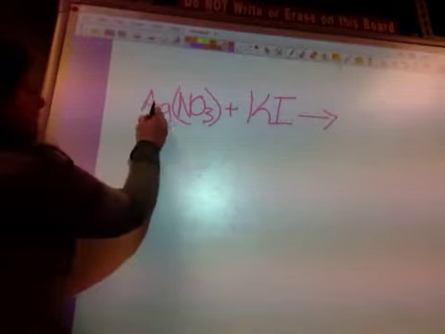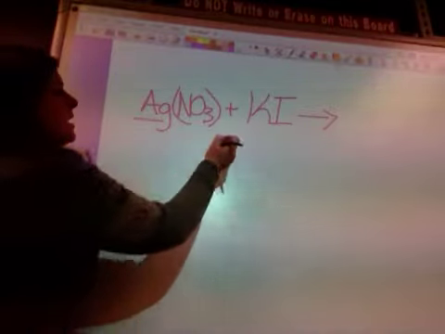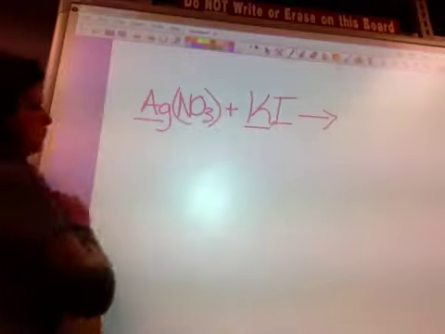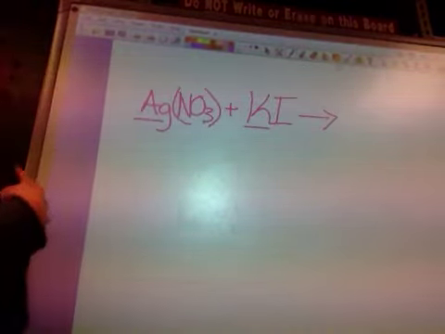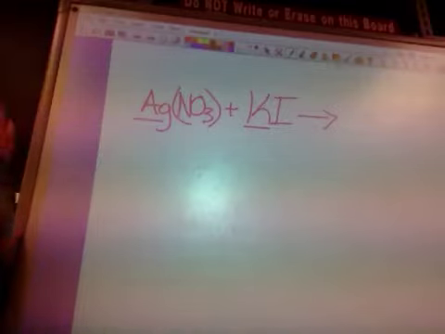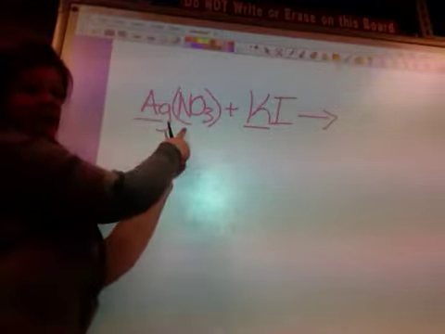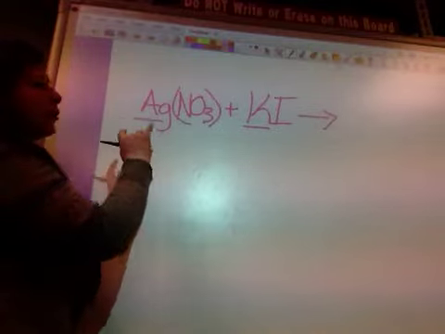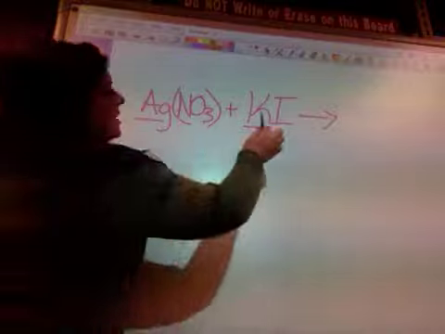So silver has a +1 charge always, so that's my cation there. And potassium has a +1 charge, so that's my cation in potassium iodide. Now, silver right now is bonded with nitrate. But whenever I react these two, it's going to switch its partner.